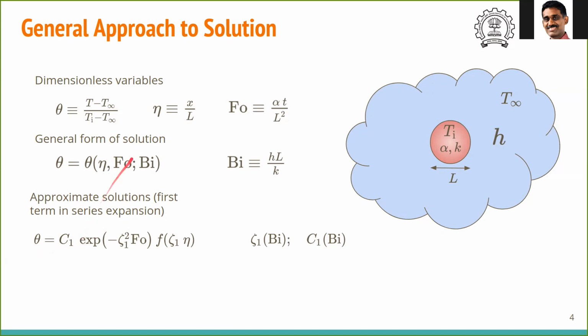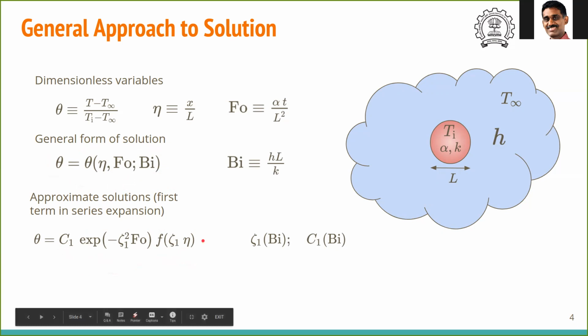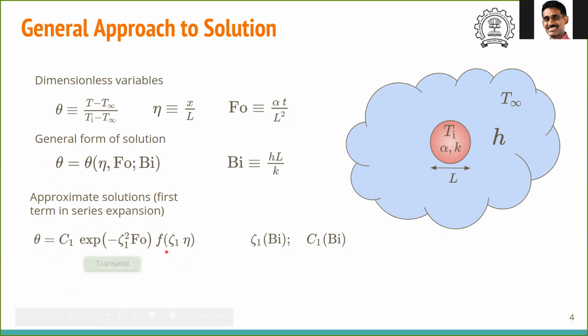So the general form of this solution now becomes even simpler, with two separate variables. You have theta, dimensionless, then there are some constants C1 and zeta 1. Then you have one term which is purely a function of time: zeta 1 is a constant, zeta 1 squared is a constant, and the Fourier number, which is a dimensionless time.